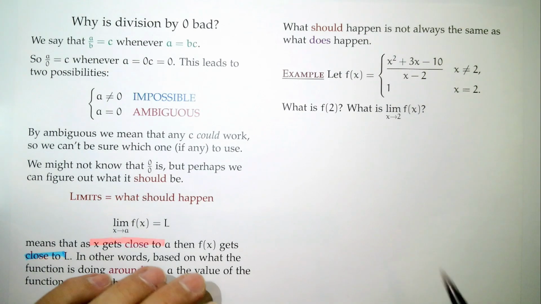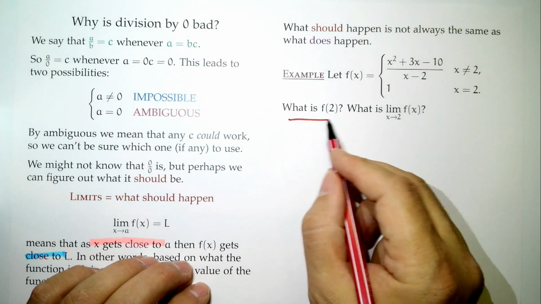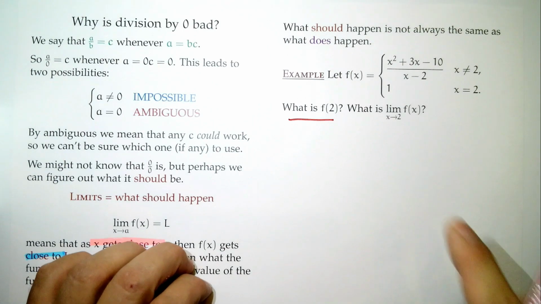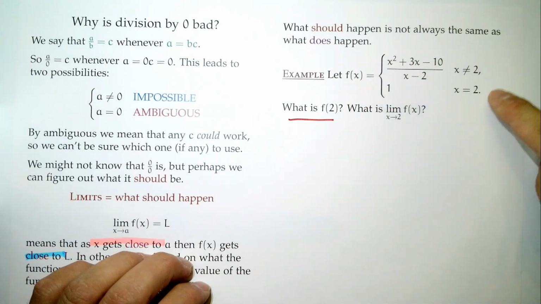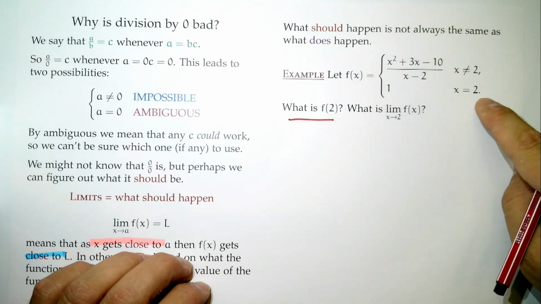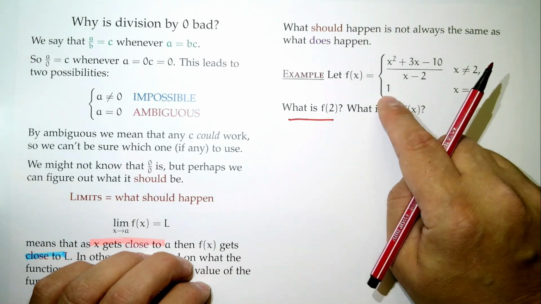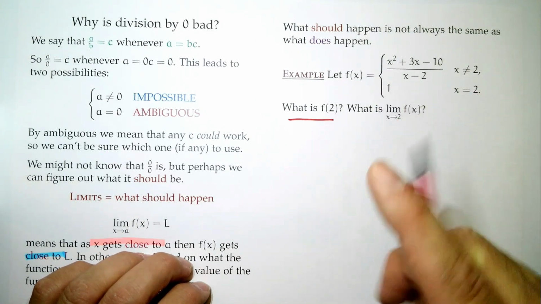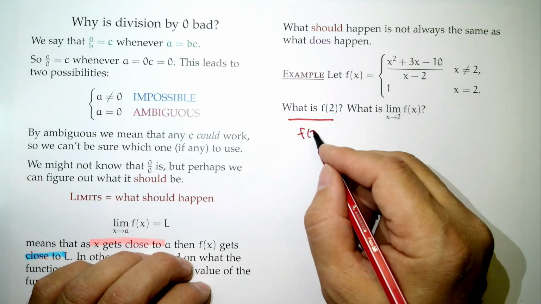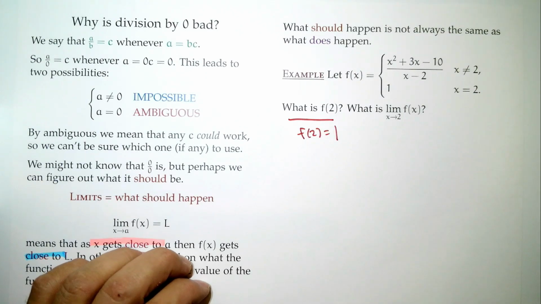So we can answer some questions. What is f of 2? Well, we plug 2 into our function. We see that when x equals 2, we're in the second rule, and according to the rule, f of 2 is 1. So f of 2 equals 1.